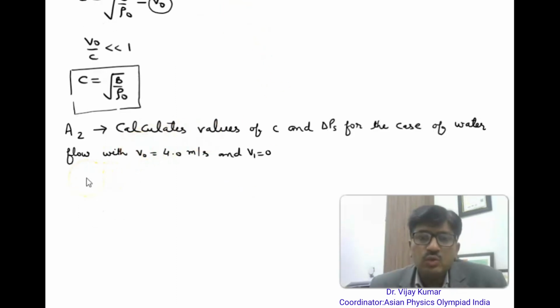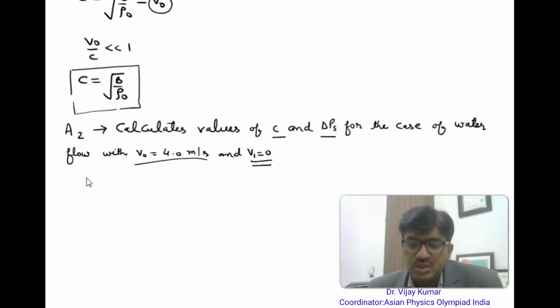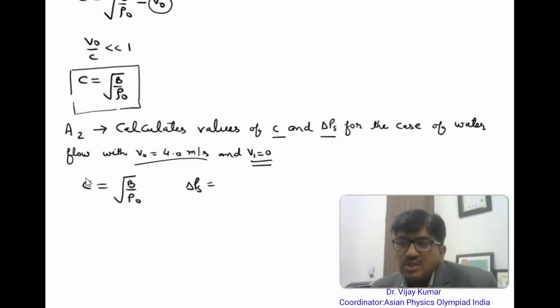Now we will solve the A2 part, which is to calculate values of C and delta PS for the case of water flow with V0 as 4 meter per second and V1 given as 0. We know from equations 5 and 10 that C is under root B upon rho naught and delta PS is rho naught C delta V, and delta V is V naught minus V1, and here V1 is given 0.